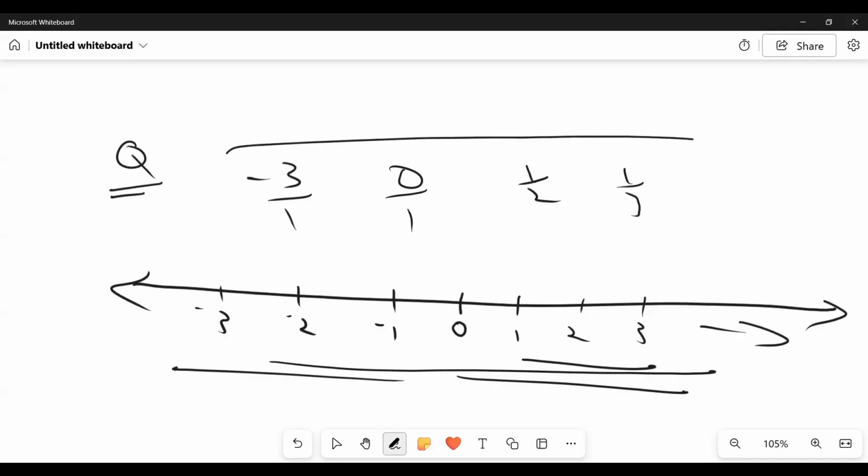Once you can write them, and I think some books would qualify the definition and say exact fraction, right? Exact fraction. So rational numbers basically are those numbers that you can write as an exact fraction.